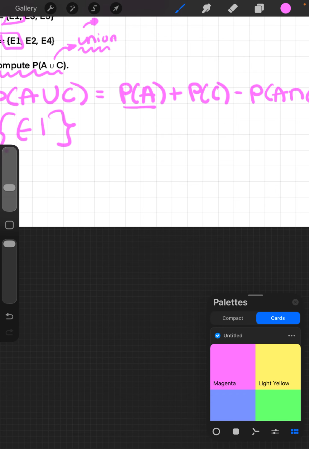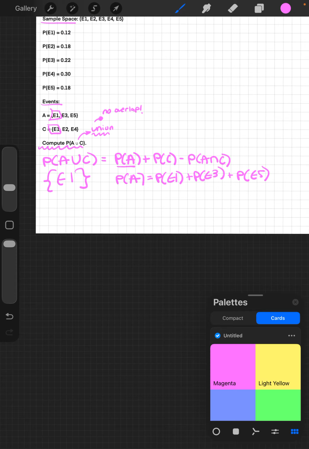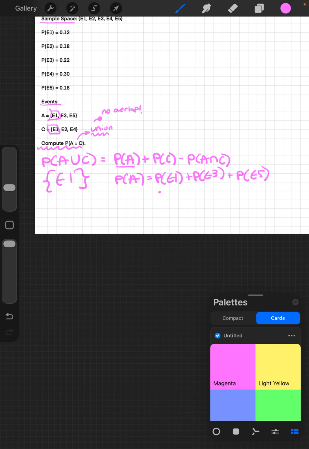We're going to find A. So P of A is equal to P of E1 plus P of E3 plus P of E5. Let's see our numbers: 0.12 plus 0.22 plus 0.18, that's 0.52. And real quick we're going to do P of C.